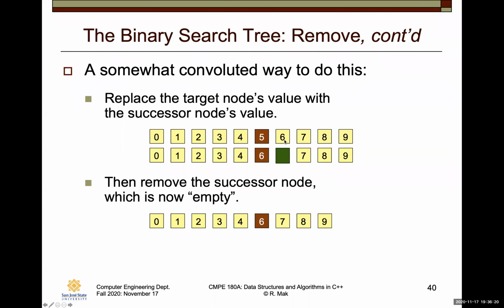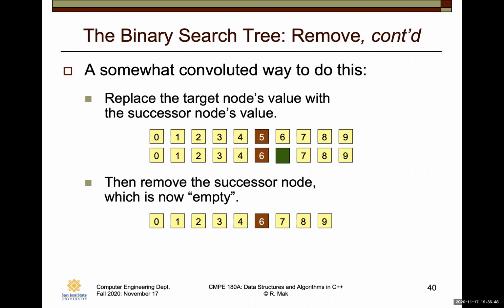We copy over the value of 6 into the node. Now the red node becomes 6, and the successor node is considered to be empty. We then delete the successor node, and so now we have this, which is basically our list with the 5 removed.